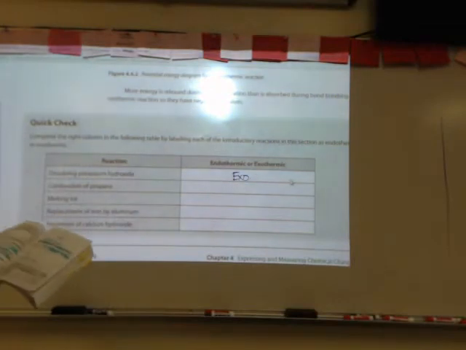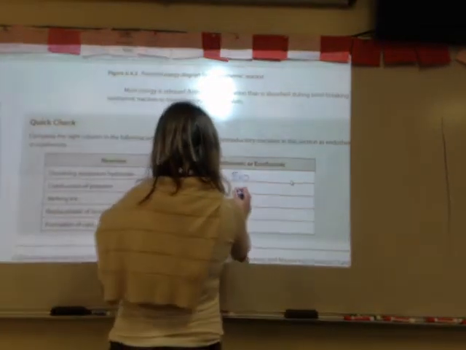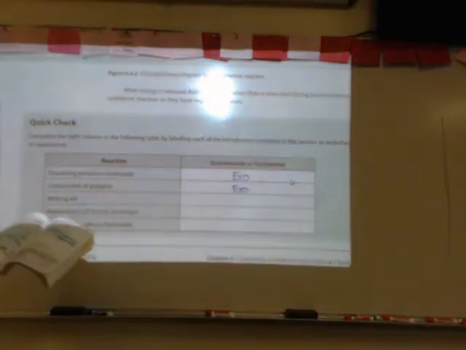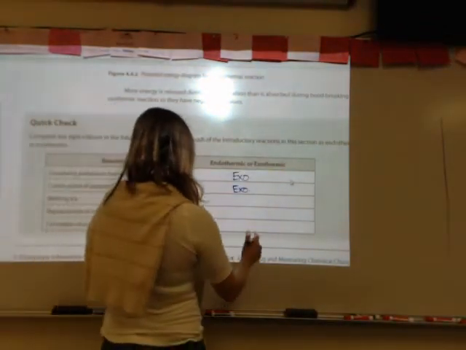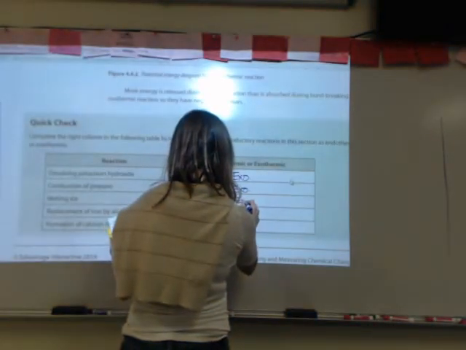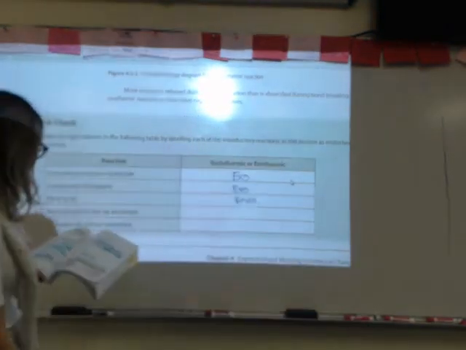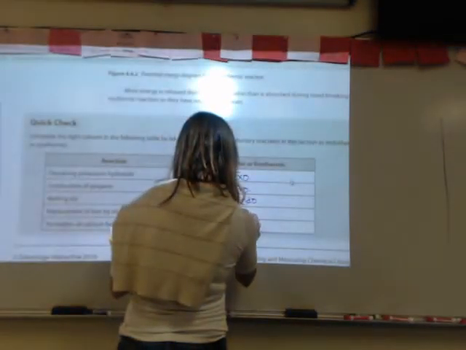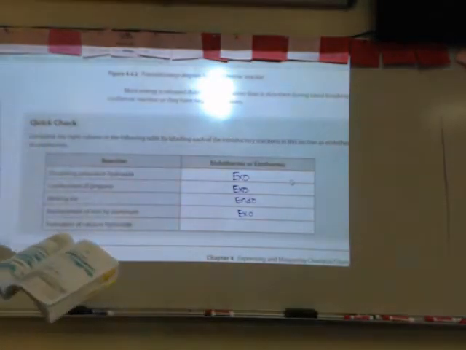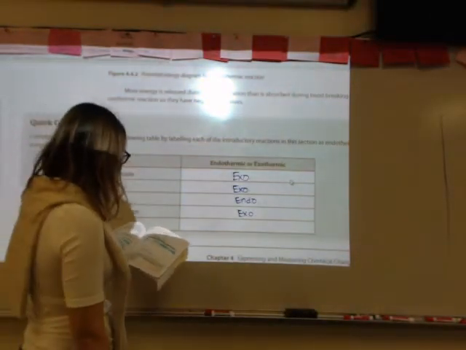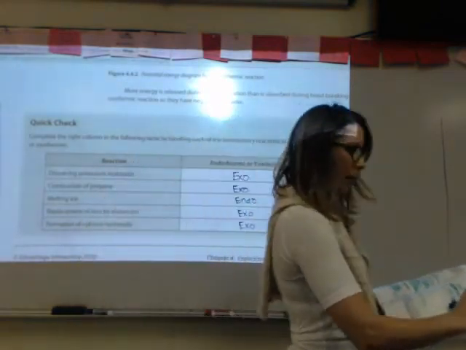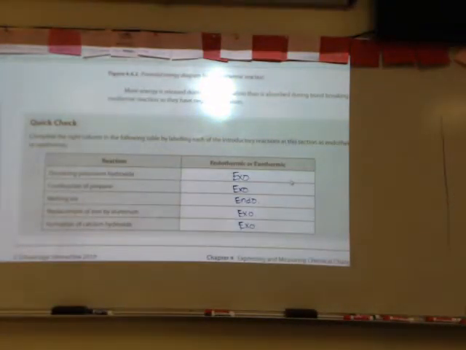The combustion of propane, that was also a negative delta H, so that was an exothermic process. Melting ice, that was a positive delta H, so that was an endothermic process. Replacement of iron by aluminum, that was also an exothermic process. Formation of calcium hydroxide, that was a negative delta H, so that was also an exothermic process. And that was all back on a previous page.